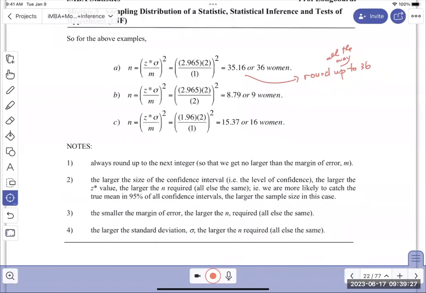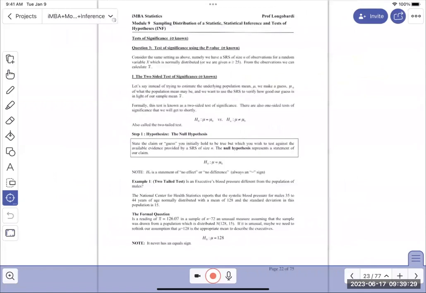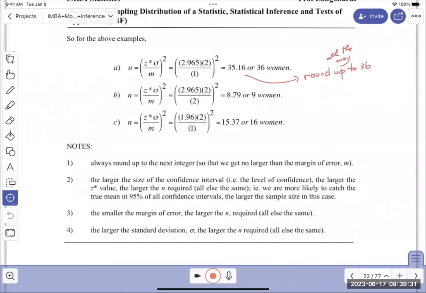So we already had this discussion here. Okay, any questions? I'm going to start tests of significance. So don't forget the square, maybe make a few calculations. Make sure you can get the same answers as me.